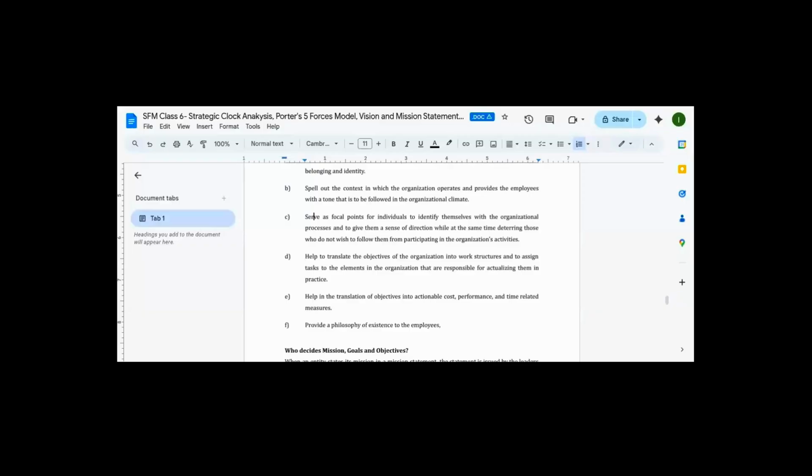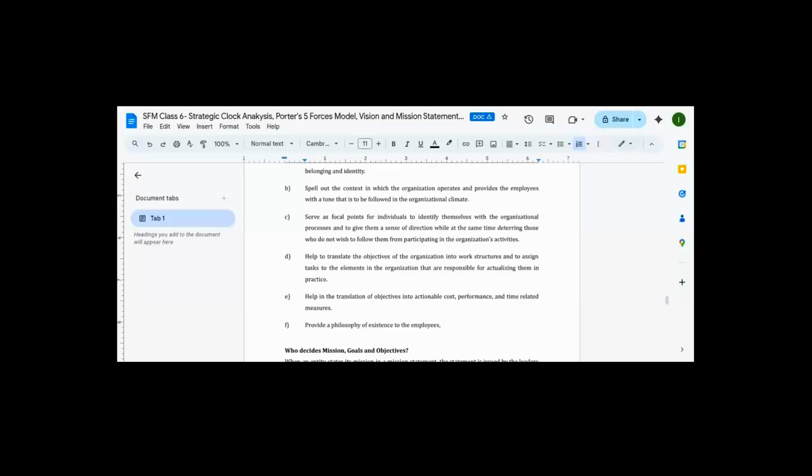Three, the vision and mission statements are important because they serve as a focal point for individuals to identify themselves with the organization's process. Four, it helps to translate the objectives of the company into work structure. Fantastic. The broad goals, the broad objectives, the dream of the founders can only be translated into work structure through the vision and mission statement.